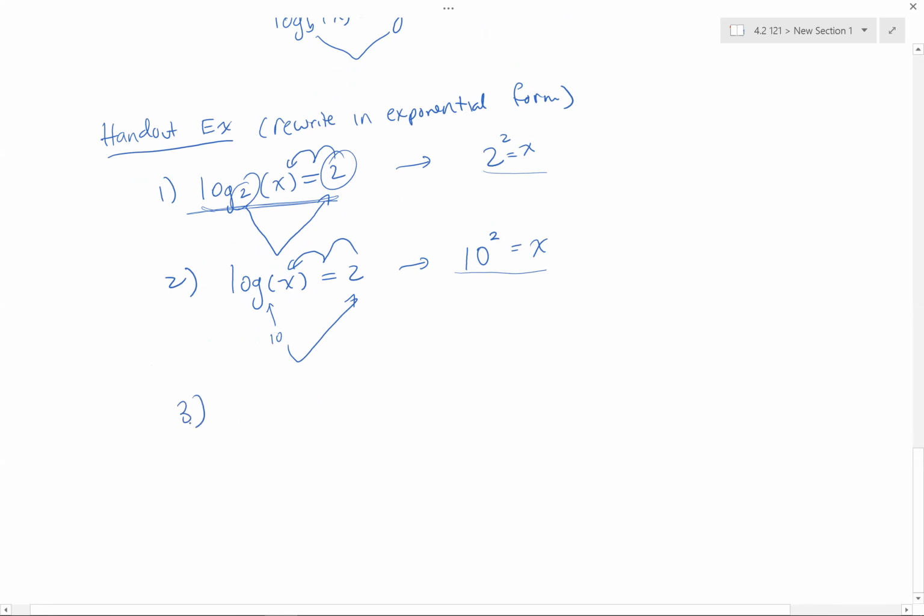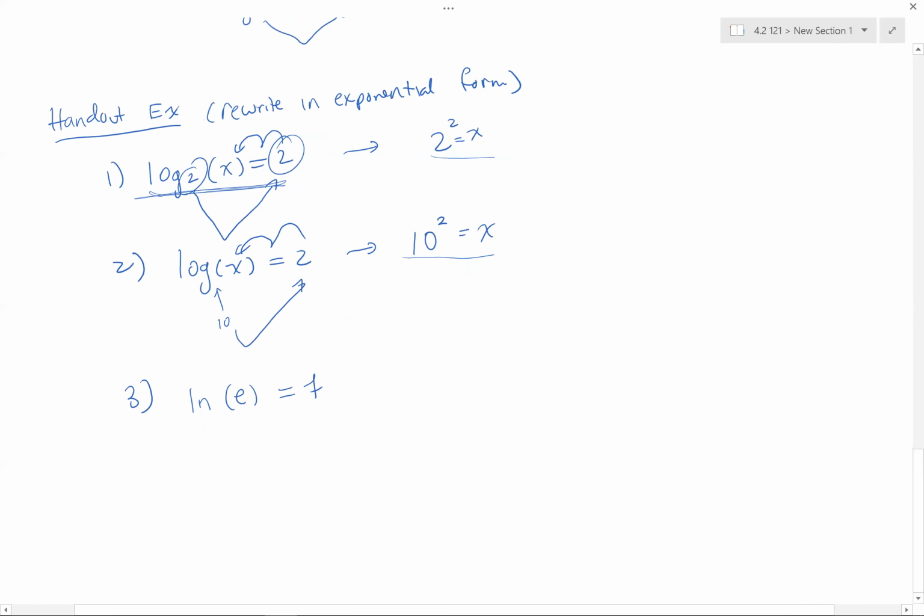Number 3, we have ln of e is equal to 1. So how do we write this in its equivalent exponential form? Well, remember ln is a special logarithm. That's the same thing as saying log base e of e is equal to 1.